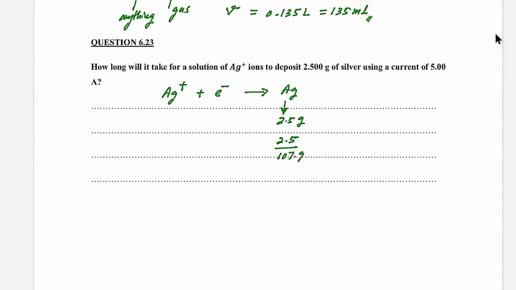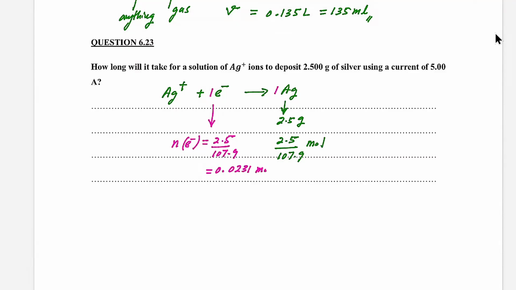If you divide it, you get the number of moles here. Because of this one-to-one ratio, we know the number of electron moles is going to be 2.5 divided by 107.9. How much is this number? 0.02321.